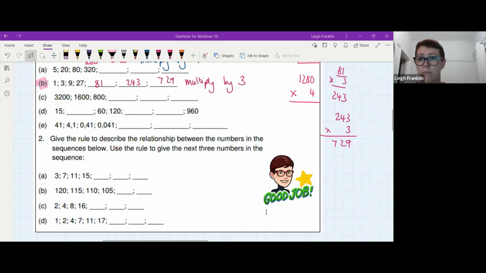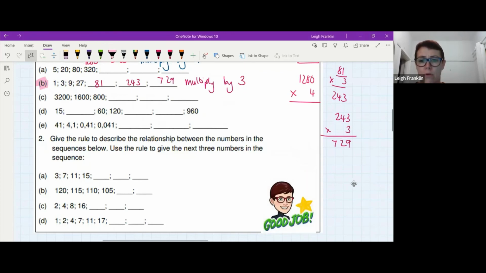Ma'am, for cubes, I really don't understand cubes. Okay, when you say you don't understand cubes. The way I do it is that there will be a number, for example 2, then a small 3 on top. Isn't that a cube? Yeah, that is a cube, absolutely.